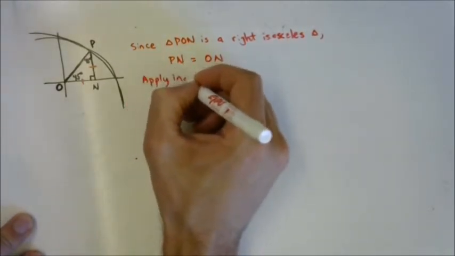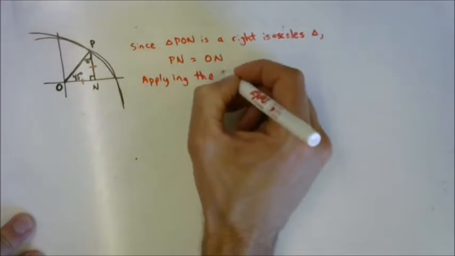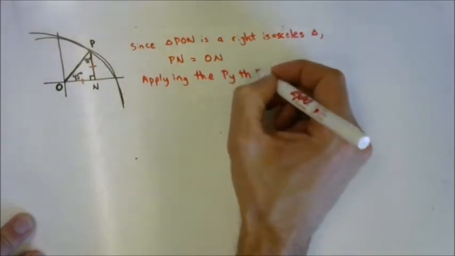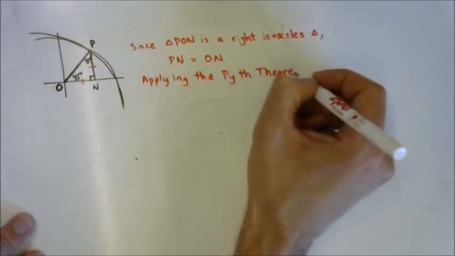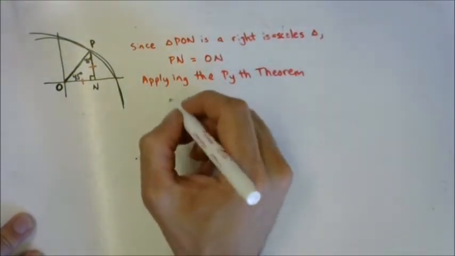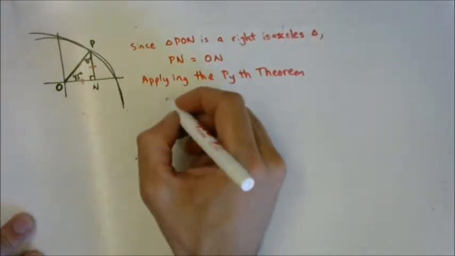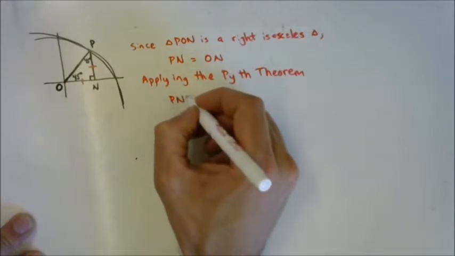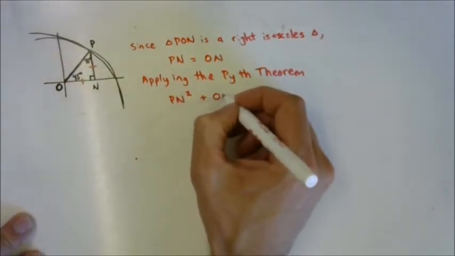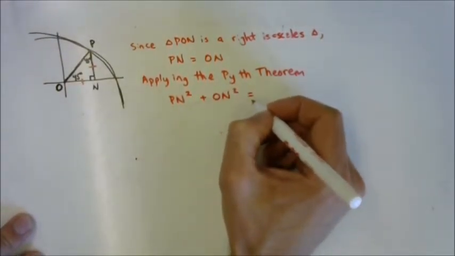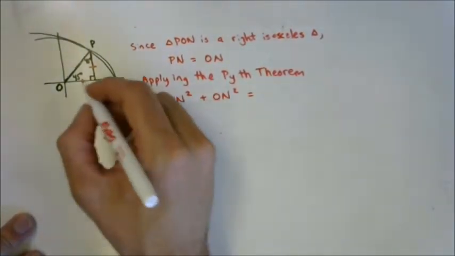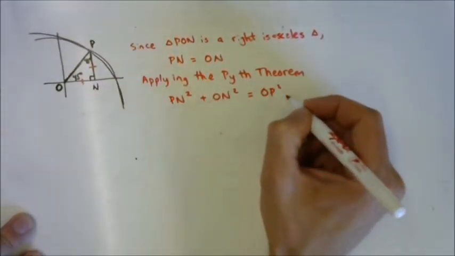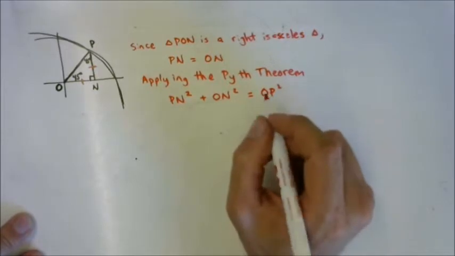Then applying the Pythagorean theorem, we could say that PN squared plus ON squared equals OP squared, which is the hypotenuse.